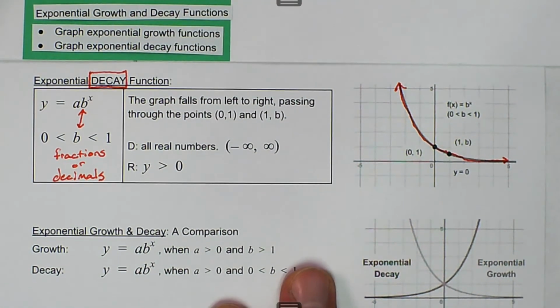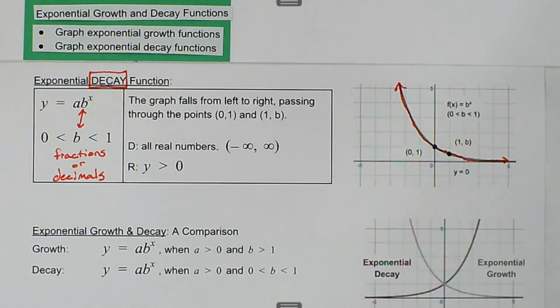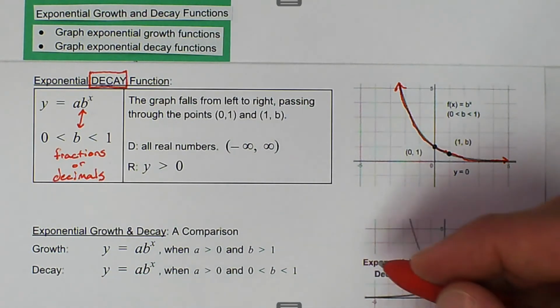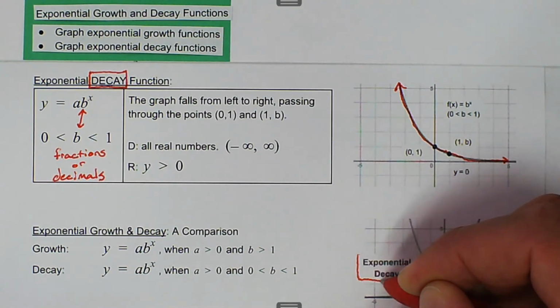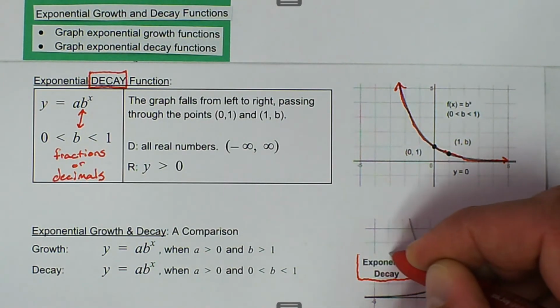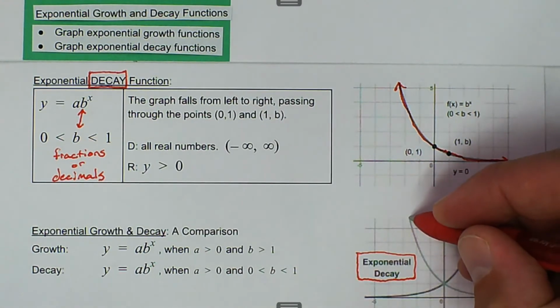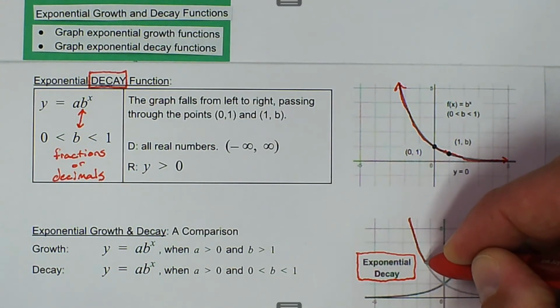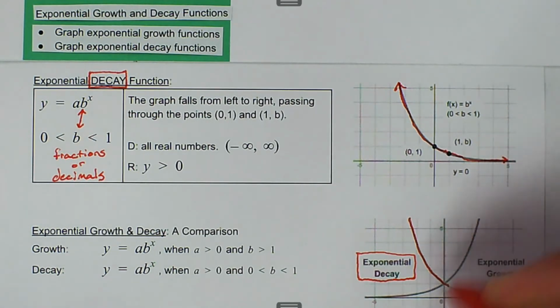So if we have a comparison between exponential decay, this over here is exponential decay, and this is the graph that is going to start very high, and it's going to work its way and get lower and lower and lower as we go through.